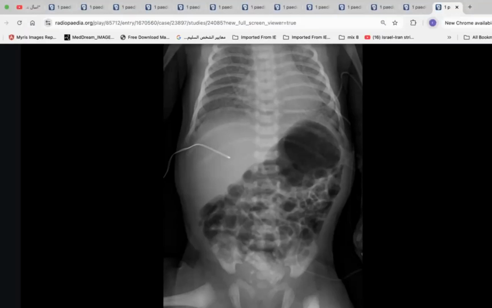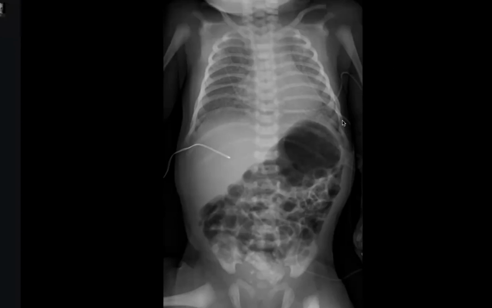Doctor, I have one question. Is there any humeral epiphyses? There's no humeral epiphyses. And by the way, Radiopaedia makes a comment on this one. I will show you.